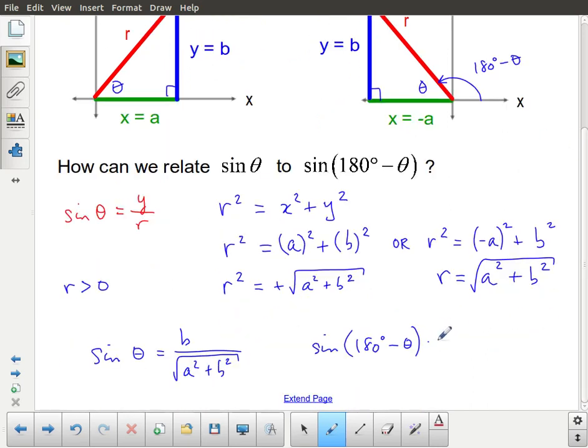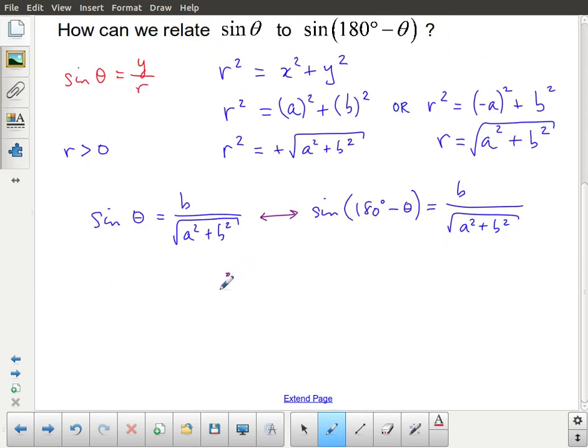And so we end up with, once again, and this is a pretty surprising result, b over the square root of a squared plus b squared. These two things are actually equivalent. They are the same.